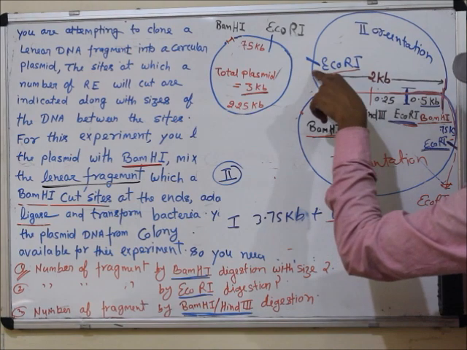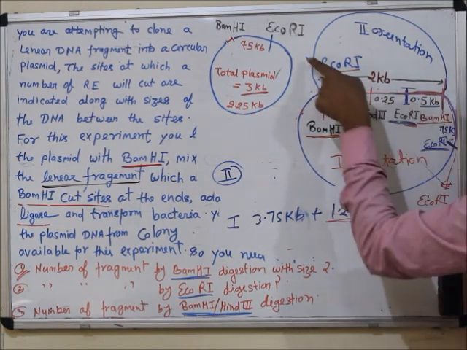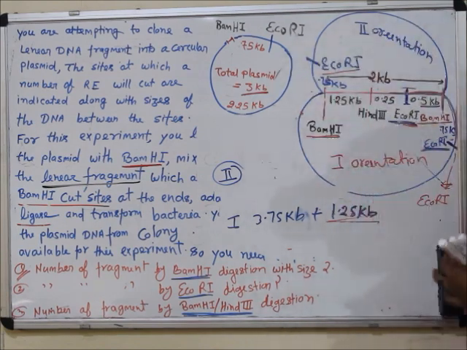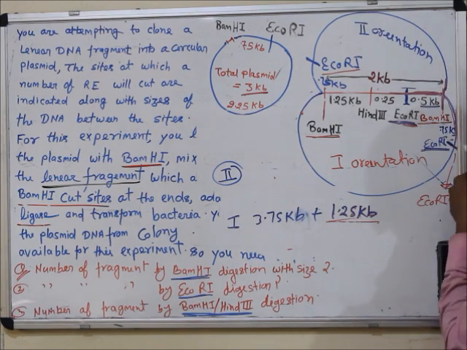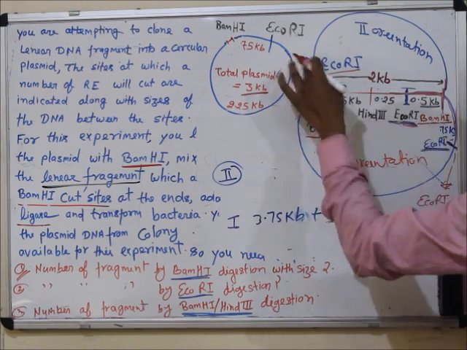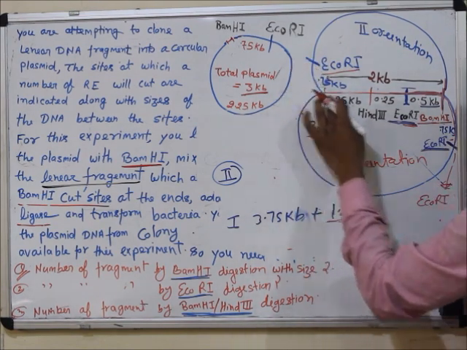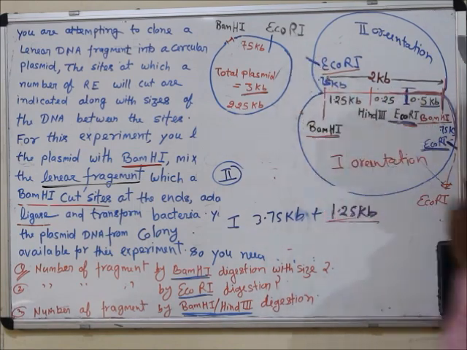In this orientation, we add EcoRI, then there are EcoRI sites here, and this is also EcoRI, and this is also EcoRI. Then it will be cut from here to here, from here to here.